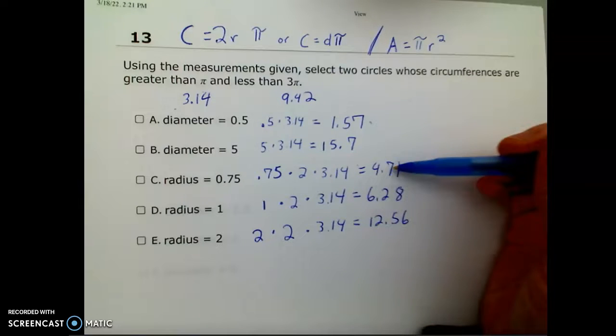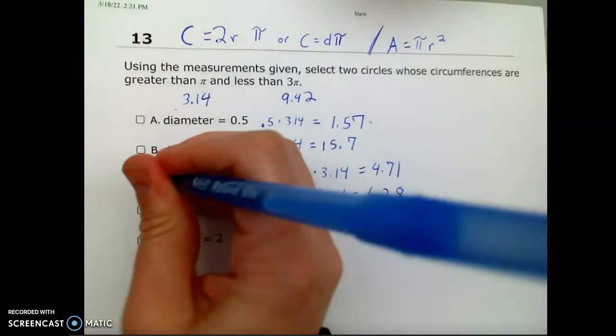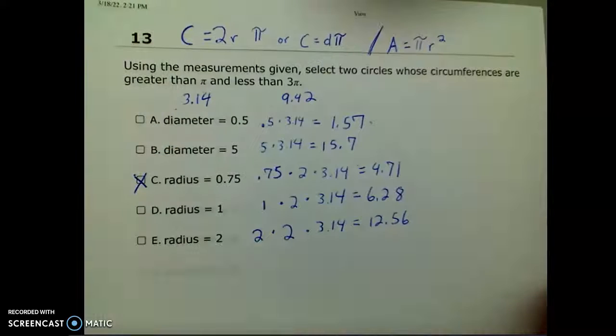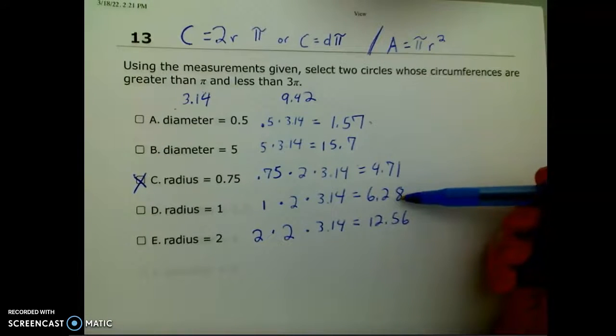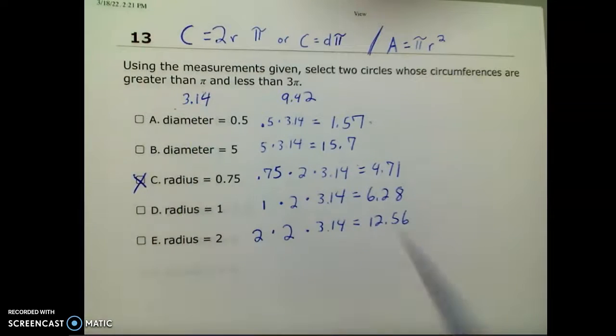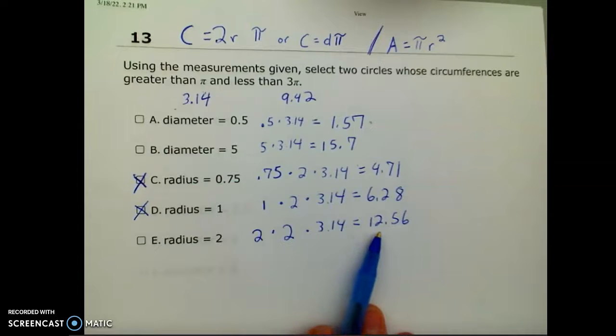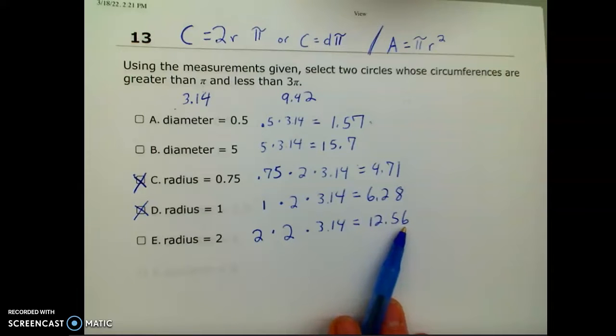C, 4.7, 4 is in between 3 and 9, so this is an option. The third one is a 6.28. Yes, that is in between those two numbers. That's an option. And my last one is 12.56. Nope, that's too big. Okay, we're done.